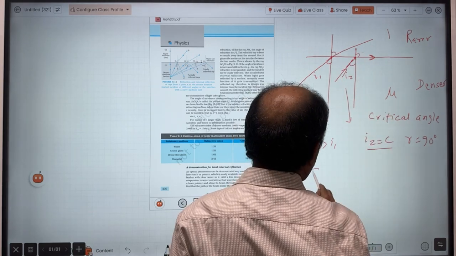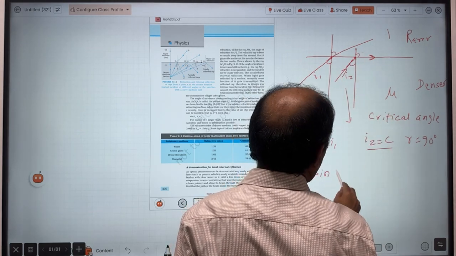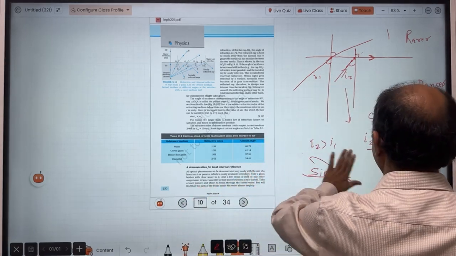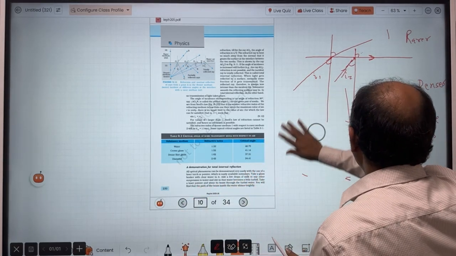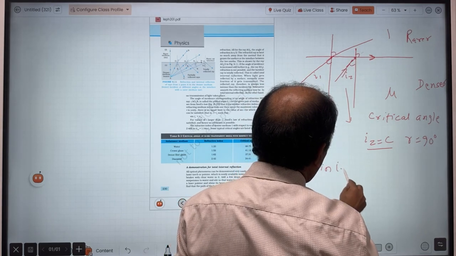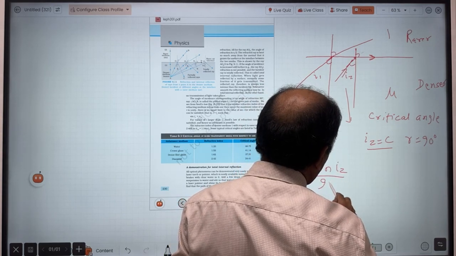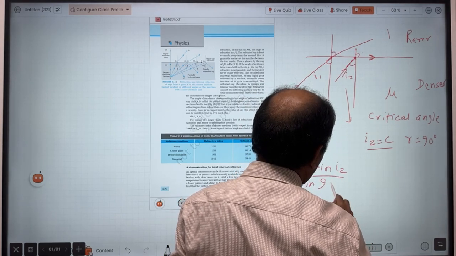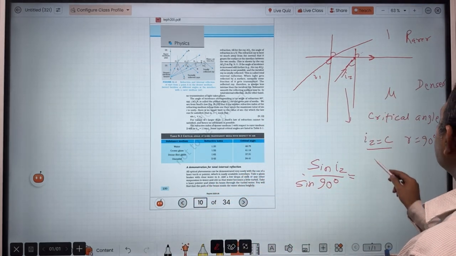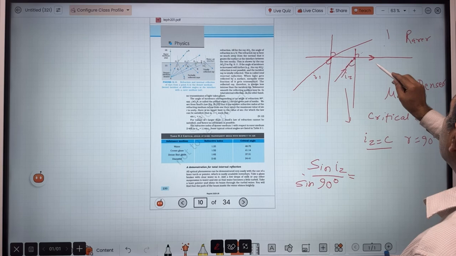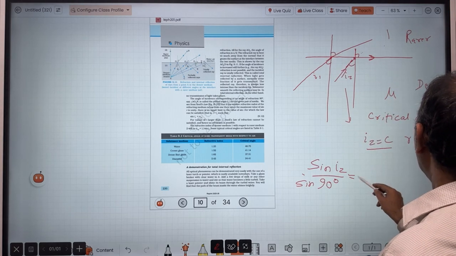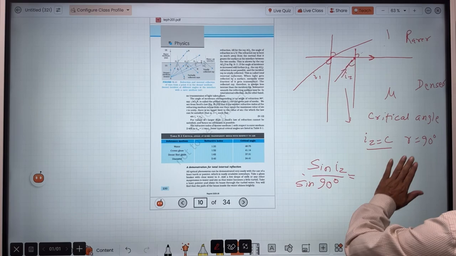The ray is moving like this, so we write sine I2 divided by sine 90 degrees equal to the refractive index of this medium with respect to this. So it will be equal to how much?